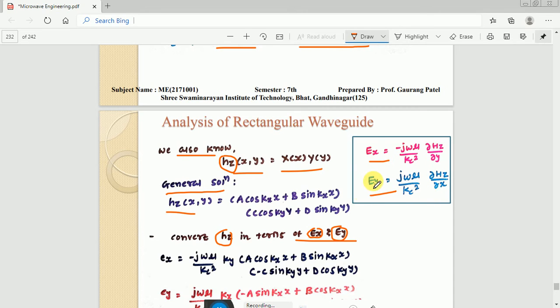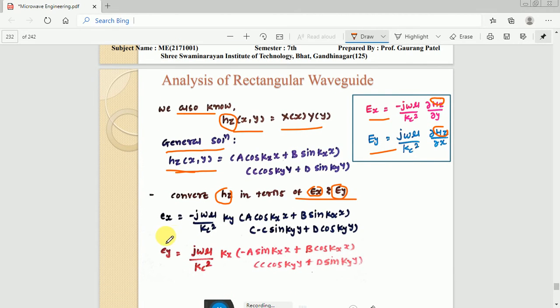Now in this equation, if you put this value of Hz and take the derivative of it and solve, we will get Ex and Ey. Ex is equal to minus j omega mu by kc square ky [a cos kx x plus b sin kx x] [minus c sin ky y plus d cos ky y].